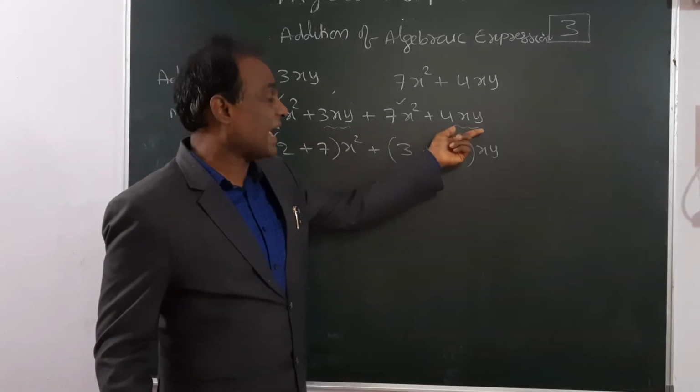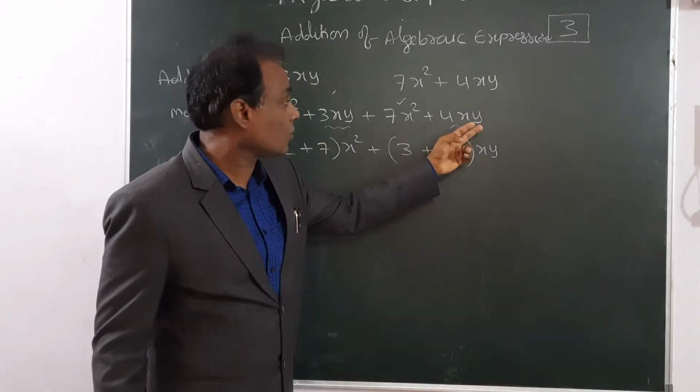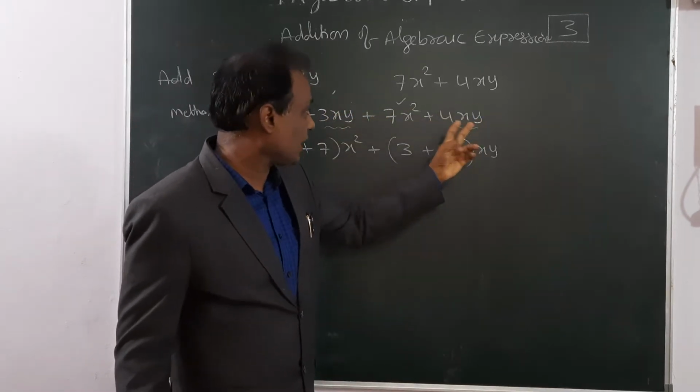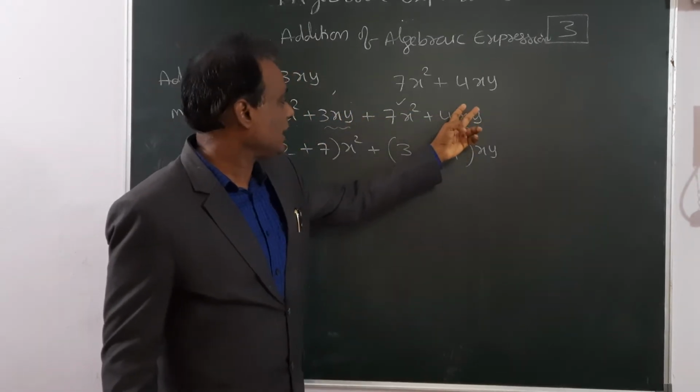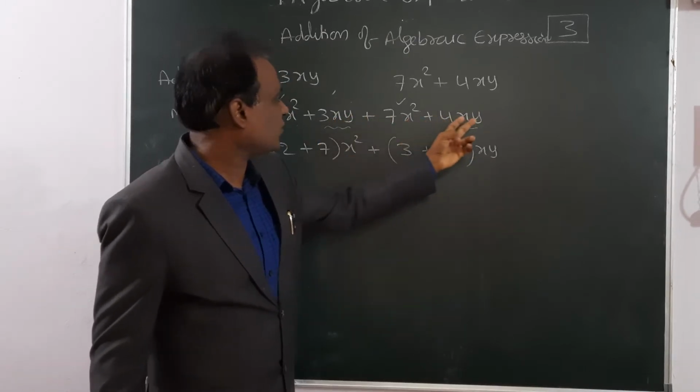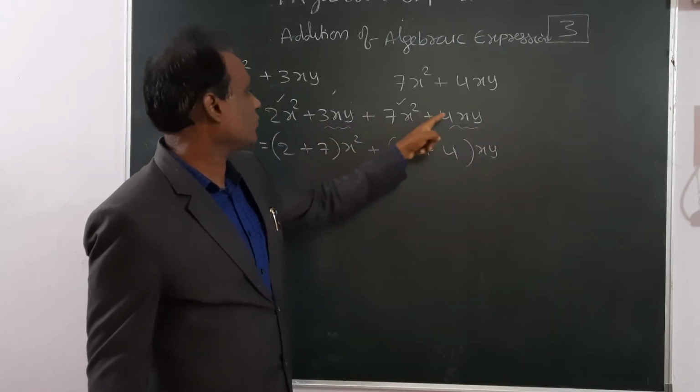These two are like terms. Why they are like terms? The variables are same and exponent of the variables also same. So these two, degree and variable, both are same. So therefore xy is common, 3 plus 4.